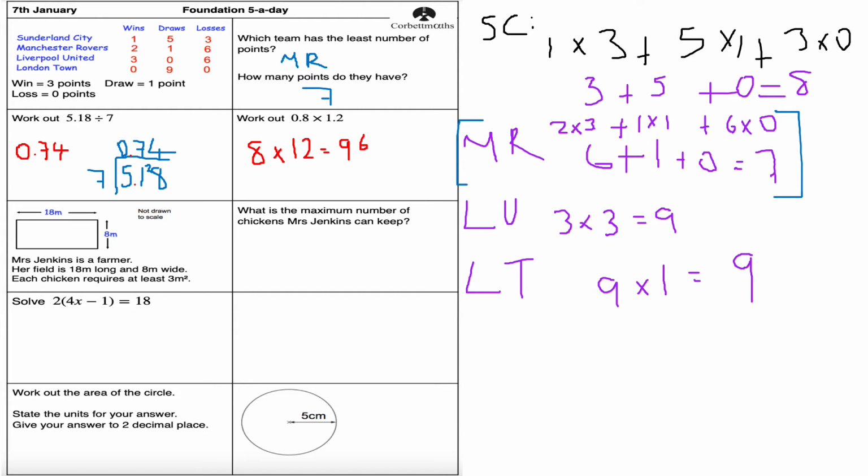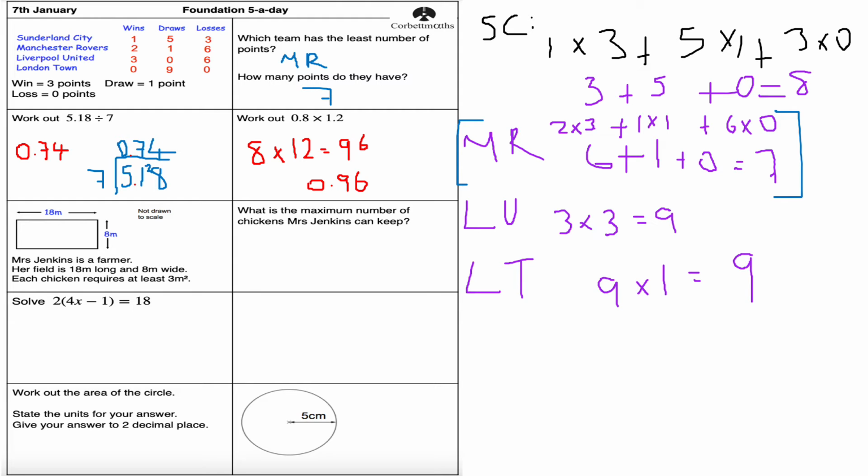Therefore dividing this by 100 gives us the answer of 0.96. What I've done is multiplied 0.8 by 10 to get to 8 and 1.2 by 10 to get to 12. So that is my answer for that one.